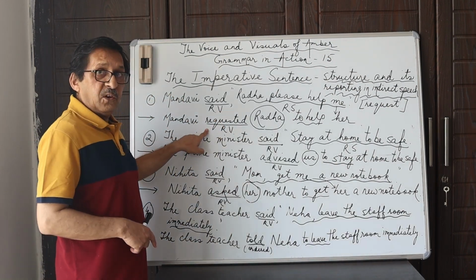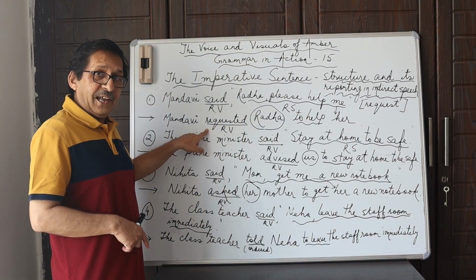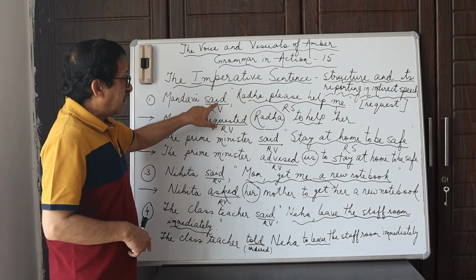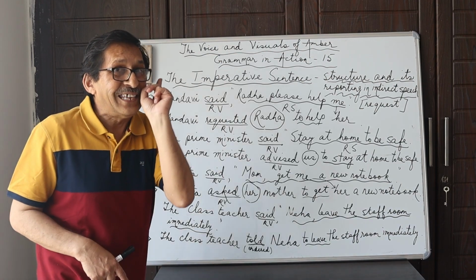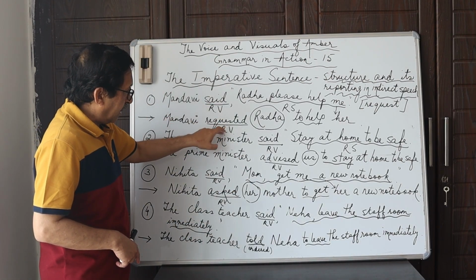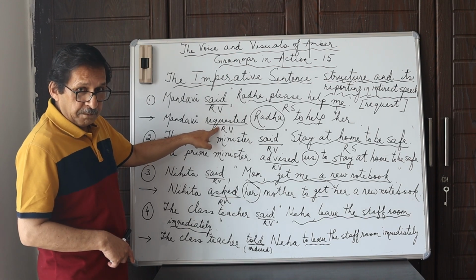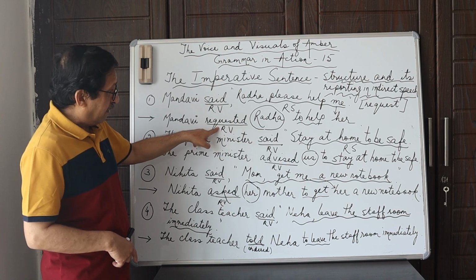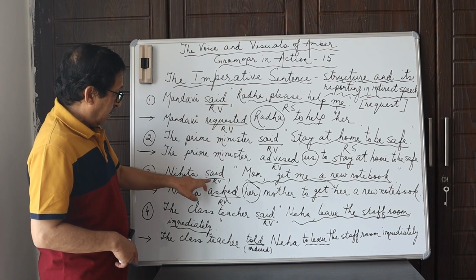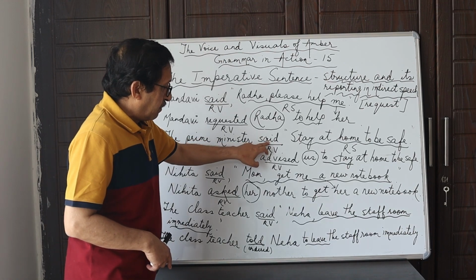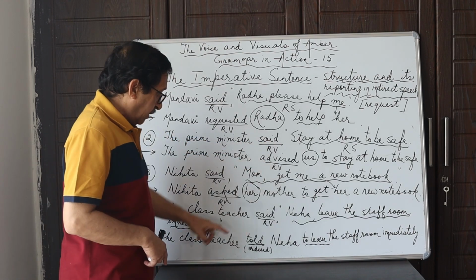So one thing we got to remember, the reporter has to remember that he or she cannot change the tense form of the reporting verb. It's simple past tense, so therefore in the reported or indirect speech, the word may change, but the tense will remain simple past. The tense of the reporting verb will remain simple past.